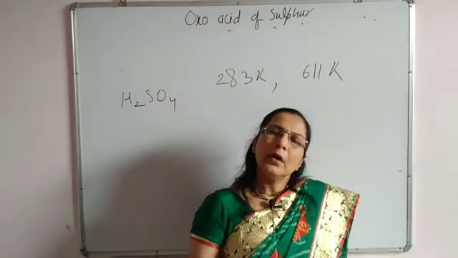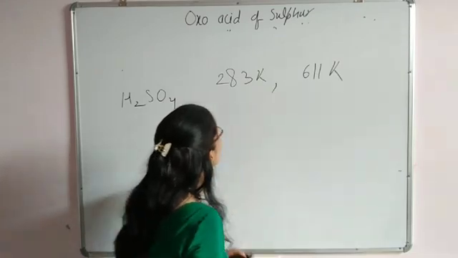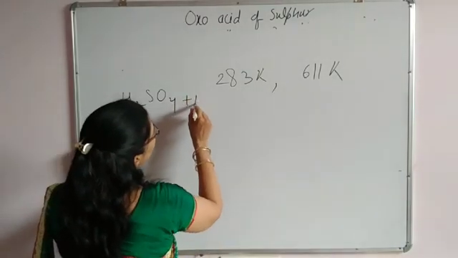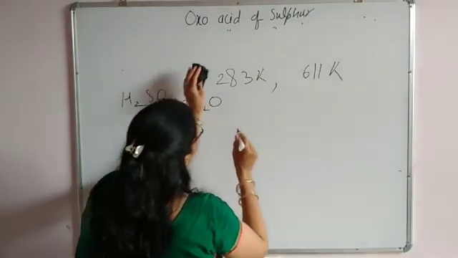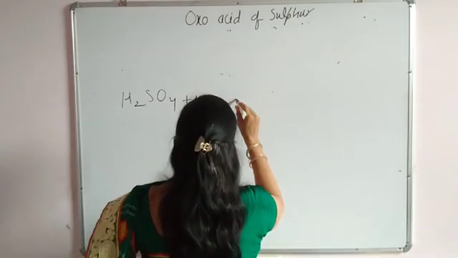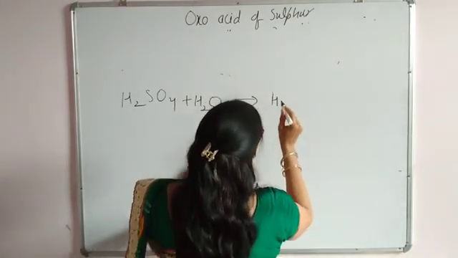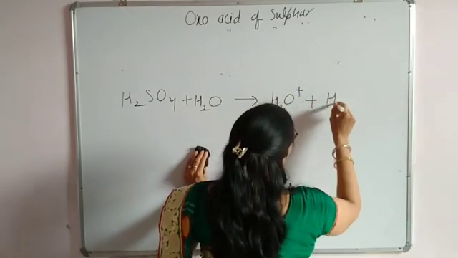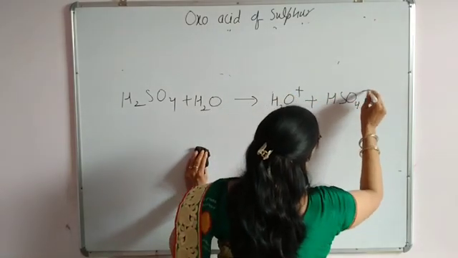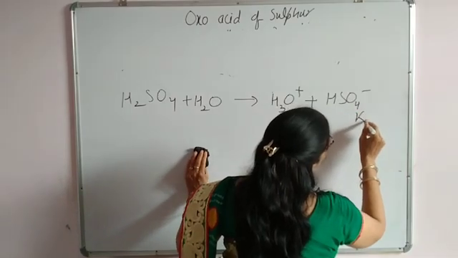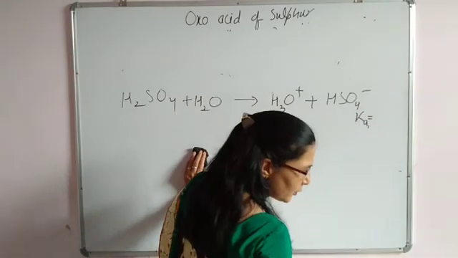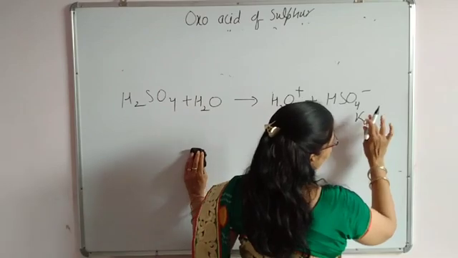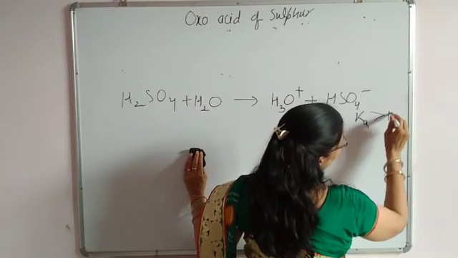Now, dissolving this acid in water. Suppose water is added. There will be formation of H3O+ ion and HSO4- ion. For this process Ka1 is about 10.